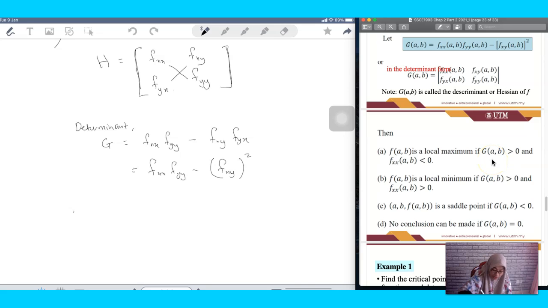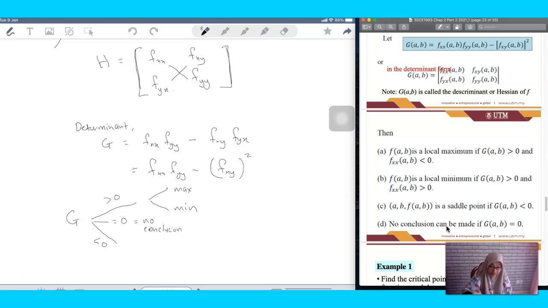So G can be positive, or negative, or zero, right? If it is positive, then you have two possibilities, max or min. If it is 0, there is no conclusion, so your test failed.